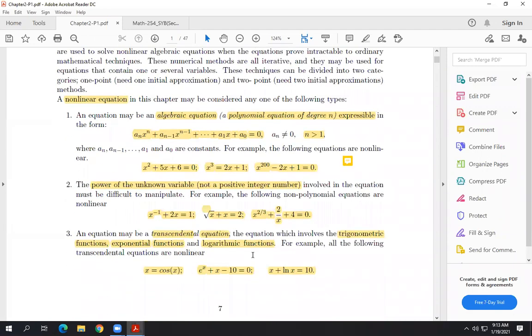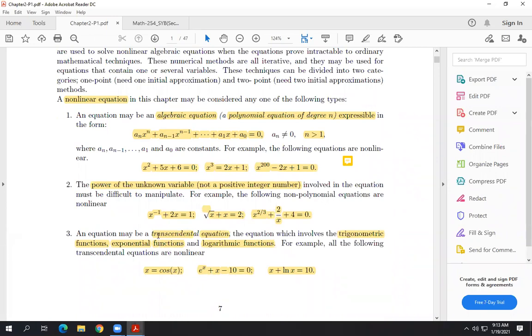And what is the third shape? Maybe our equation looks like this one: x equals cosine x, or sine x, or tangent x, or cotangent, whatever, or exponential. This type of equation is generally called a transcendental equation.